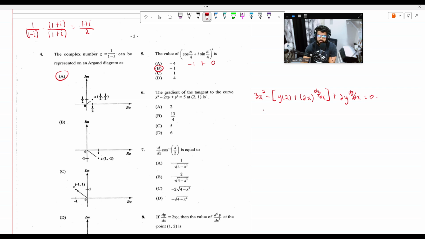So when x is 2, y is 1. 3 into 2 squared, take away 2 into 1, take away 2 into 2 dy/dx plus 2 into 1 dy/dx. 4 3s are 12. 12 take away 2 is 10. Take away 4 dy/dx minus 4 plus 2 is minus 2 dy/dx. Move the 10 across, I get minus 10. Divide by minus 2, and I'm going to get 5 to be my answer.